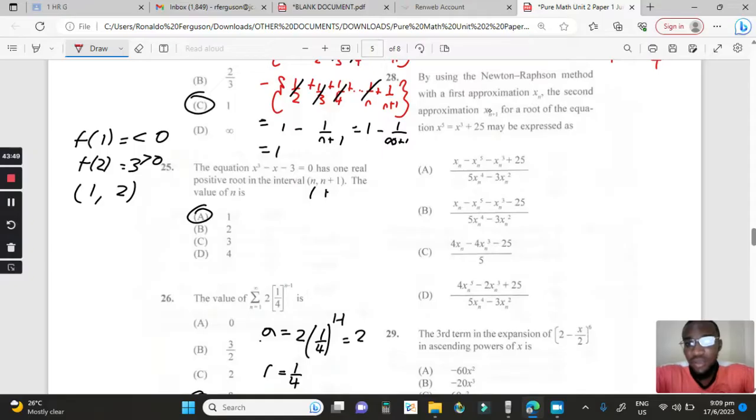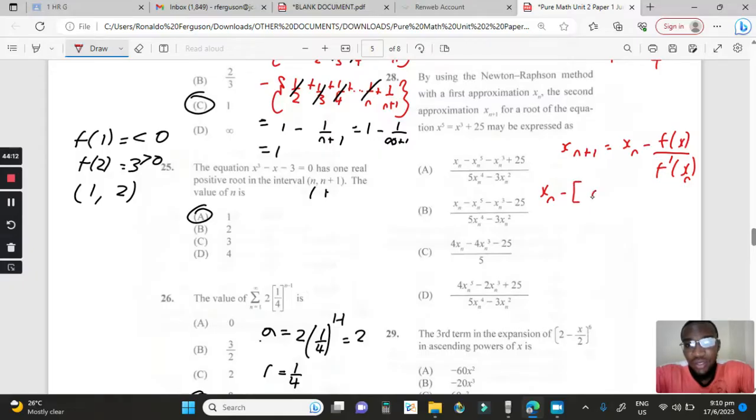This question uses the Newton-Raphson method. Remember the formula first. The Newton-Raphson method tells us that x(n+1) is equal to xn minus f of xn over f prime of xn. So in that case, it's going to be xn minus f of xn. Make xn the subject.